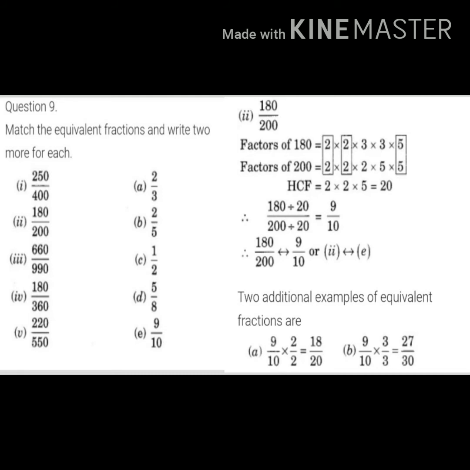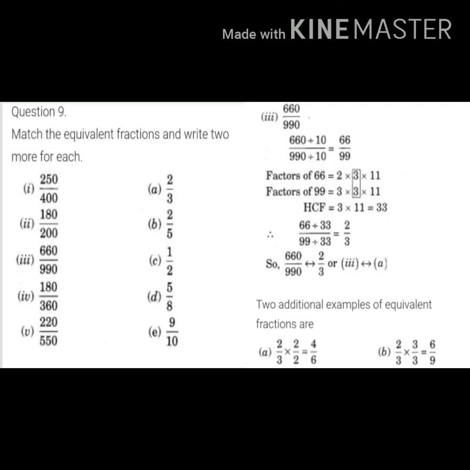That means second is equals to E. Now we have to find two additional equivalent fractions. For this we have to multiply 9 upon 10 by some other whole number, that is 2 and 3. Now we will get 18 upon 20 and 27 upon 30 as the equivalent fractions of 9 upon 10 or 180 upon 200.